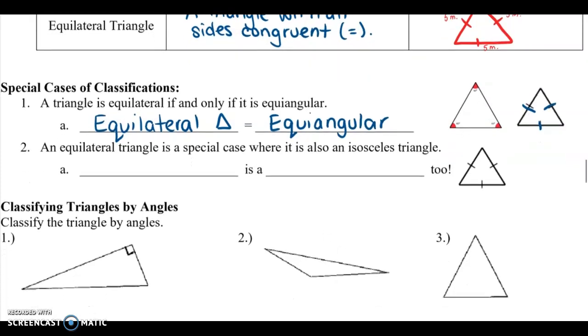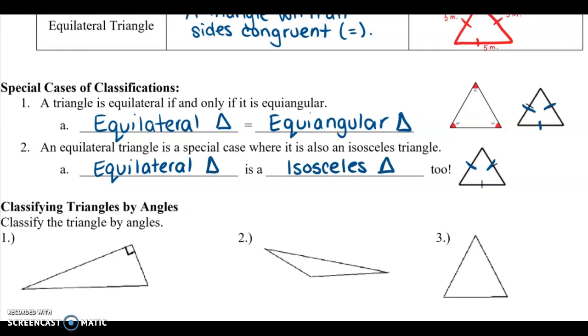And then another special case is that if you have an equilateral triangle, meaning all the sides are the same, you can actually also call it isosceles. Okay, so that's just a little extra for you.